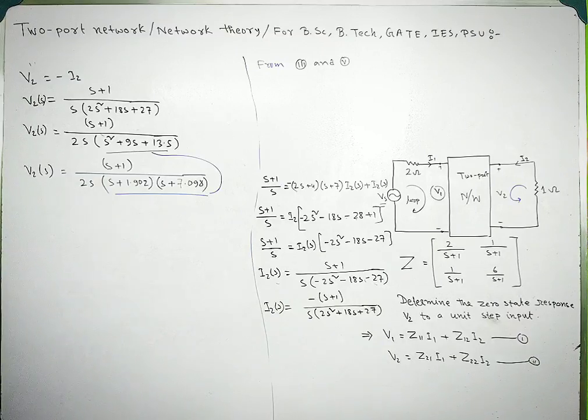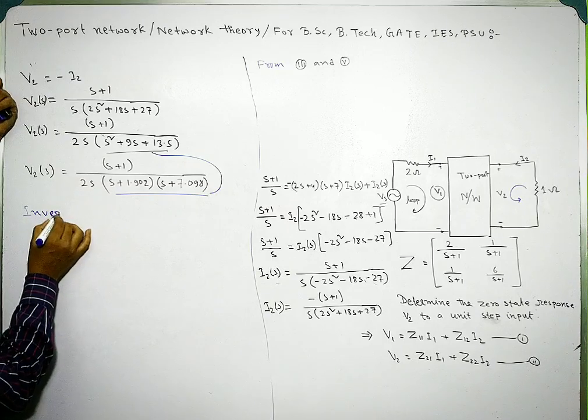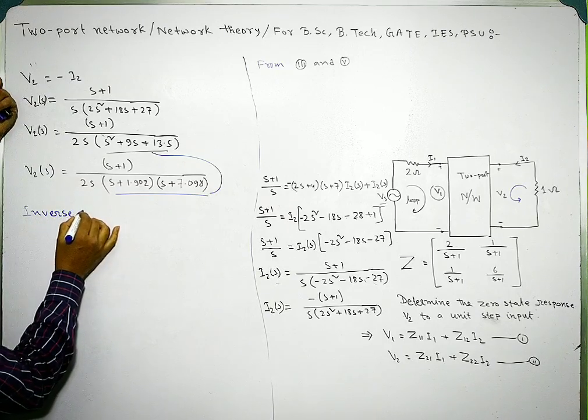Now you have to transfer it into the time domain. This is the frequency domain, and you have to transfer into the time domain. That's why you have to take the inverse Laplace transformation.